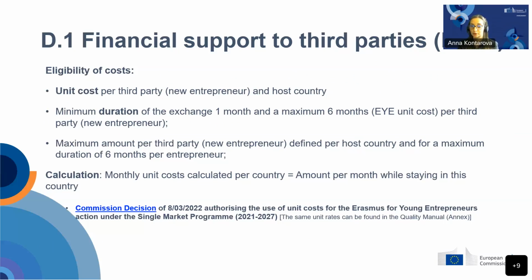So this financial support to third parties has to be budgeted as unit cost per third party and host country, with a minimum duration of 1 month to a maximum of 6 months, and the amount per third party is defined per host country and maximum duration of 6 months. This we said is a maximum of 6,600 euros per new entrepreneur. And for the calculation method, these monthly unit costs are already calculated in the Commission decision, and you can also find them in the quality manual Annex 1. And next slide, please.